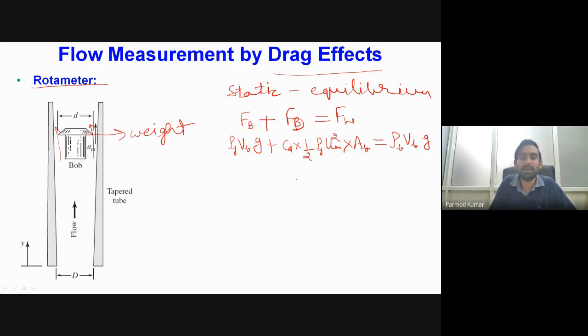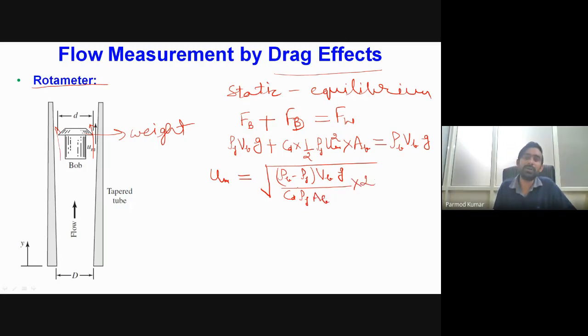Okay, so using this static equilibrium position, you can determine the average velocity um as equal to the square root of (rho b minus rho f) times Vb into g, divided by Cd into rho f Ab, and multiplied by 2.